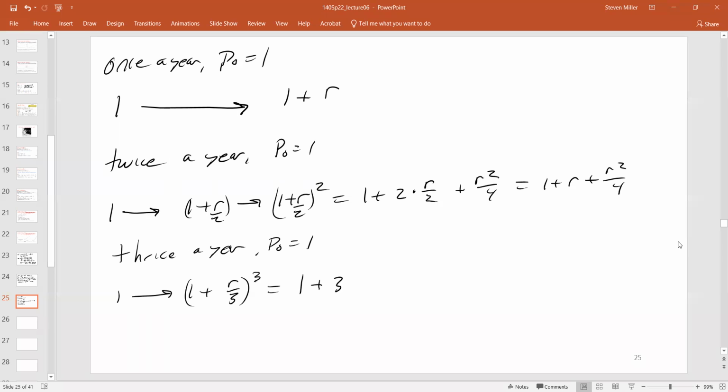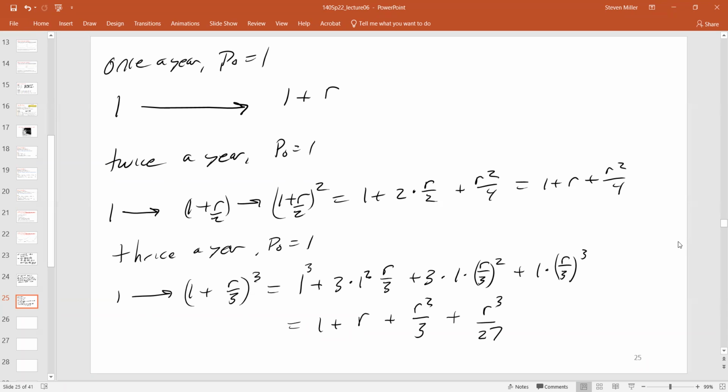It's going to be 1 cubed plus 3 times 1 squared times R over 3 plus 3 times 1 times R over 3 squared plus 1 times R over 3 cubed. So this is 1. The 3's cancel and we get R. Now we have R squared over 9 times 3, so it's going to be R squared over 3, right? Plus R cubed over 27. Is that better than what we had before?